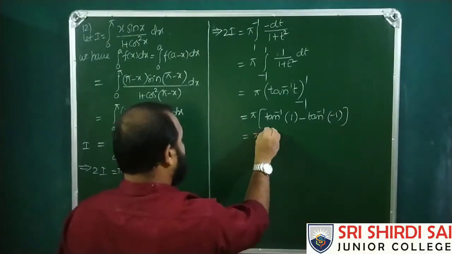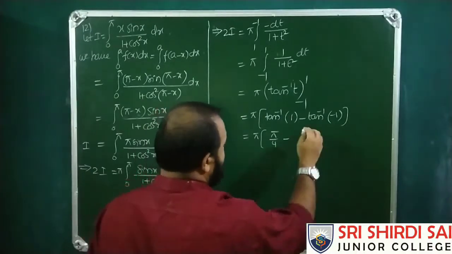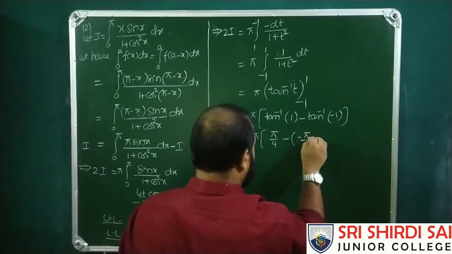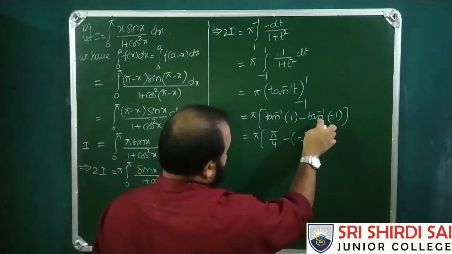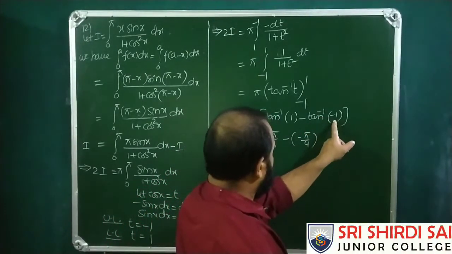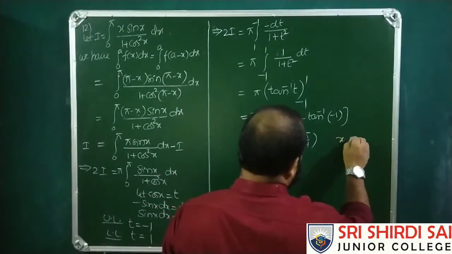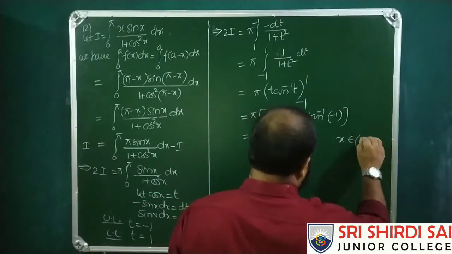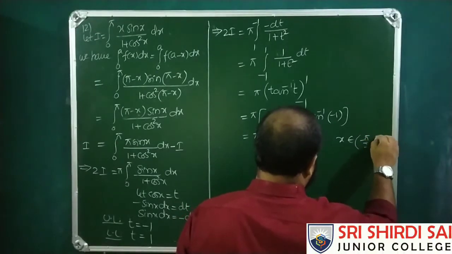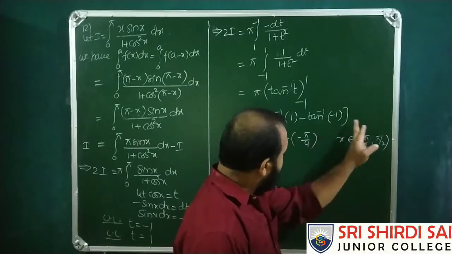So pi into tan inverse 1 is pi by 4, minus tan inverse minus 1 is minus pi by 4, because the range of inverse tangent lies between minus pi by 2 and plus pi by 2. So therefore this is minus pi by 4.